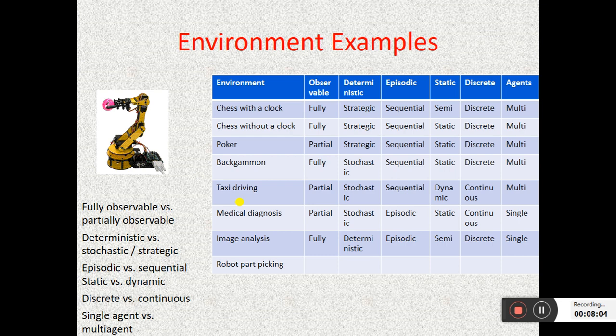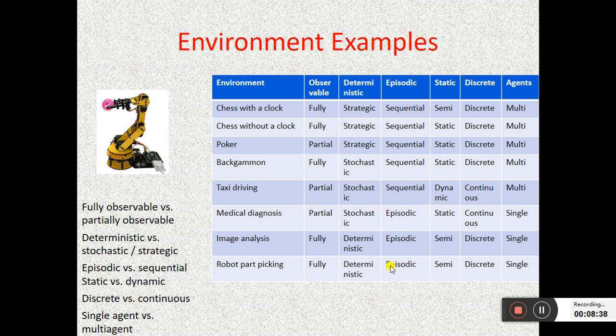If we talk about robot part picking, this is a robot, and this robot has to pick some parts. So this is fully observable. If there is a robot and it has to pick something from somewhere, the environment should be fully observable. This is deterministic. This is episodic.